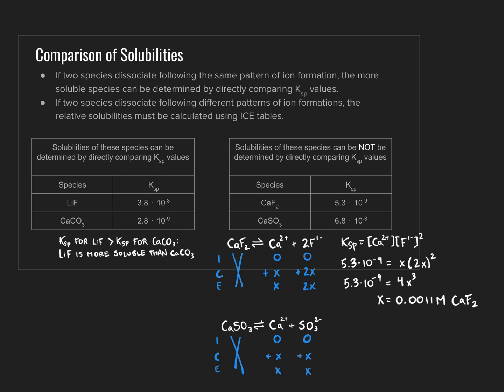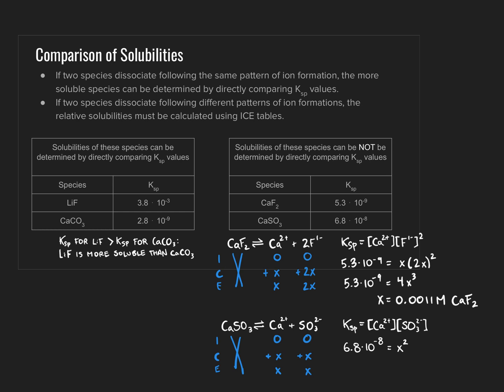Now from here, I can again write the KSP expression. KSP would now be equal to the concentration of my calcium ion, Ca2+, times the concentration of my sulfite ion, SO3 2-. And now plugging in my equilibrium concentrations into that KSP expression, I get now an expression which comes to the KSP of 6.8 times 10 to the negative 8th is now equal to x times x moles per liter, which again would be x squared.